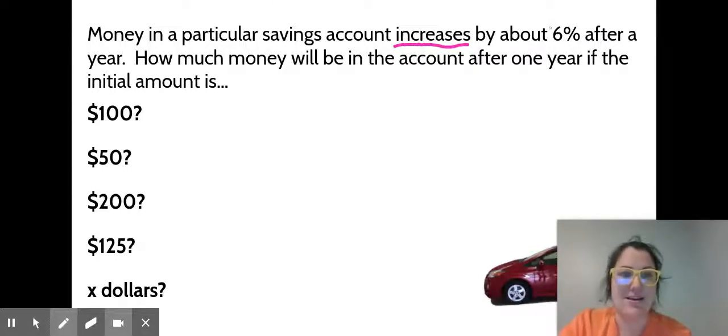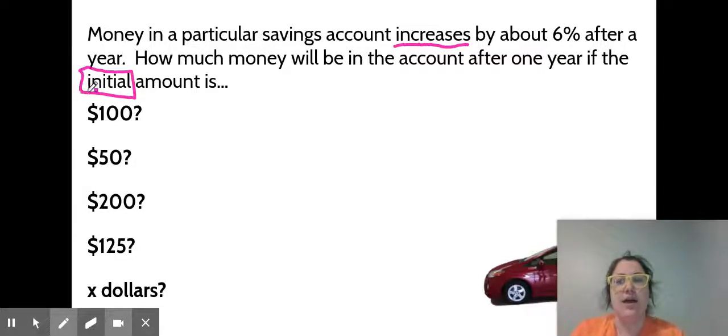Interest increase. How much money will be in the account if your initial, so initial may be a hard word for you to know, but if you think about it, your initials are just the first letters of your name. For example, my name is Kelsey Johnson, so my initials are KJ.